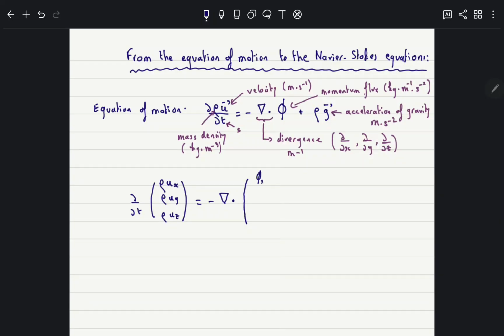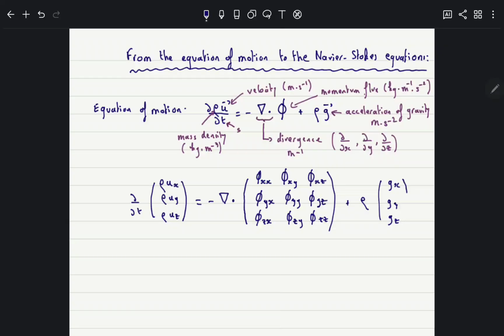So we have 9 components: phi xx, phi xy, phi xz on the first row, and then on the second row we're going to have phi yx, phi yy, phi yz, and on the last row we'll have phi zx, then phi zy, and finally phi zz, plus rho, and same, gravity is a vector, although two of the components will be 0 here. We have gx, gy, and gz.